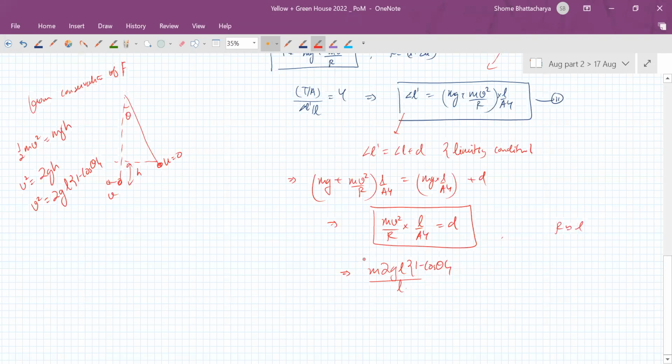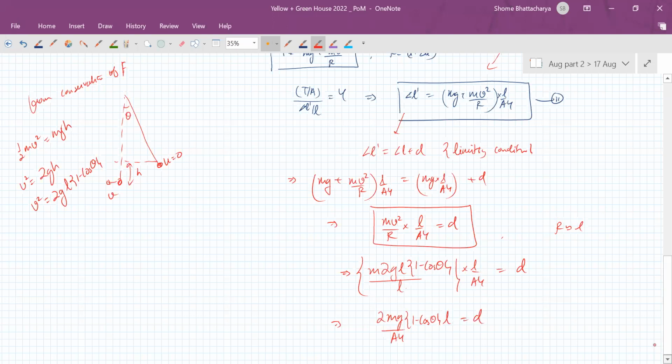So that's mv square by r, this whole term, into l upon ay should be equal to this. So you can see we'll get 2 mg upon ay into 1 minus cos theta into l is equal to d.